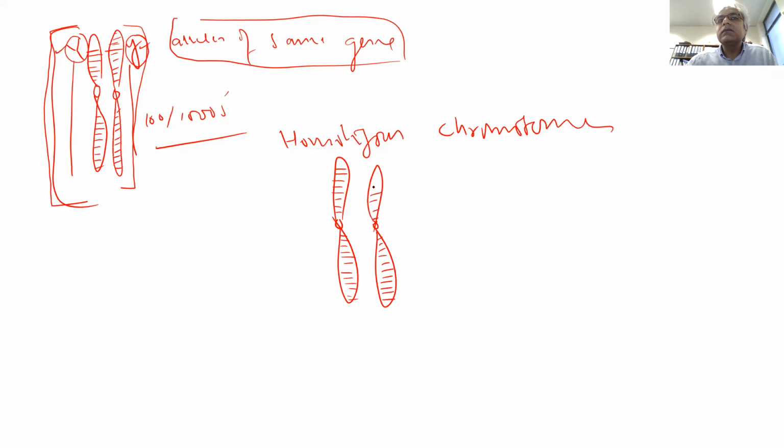So we can think of it like this: both chromosomes would have the same place for, say, the round or wrinkled gene. Exactly. So if yellow is there, it will be at exactly the same position as green here, because these are the same genes. They will be on the same position on the chromosome.